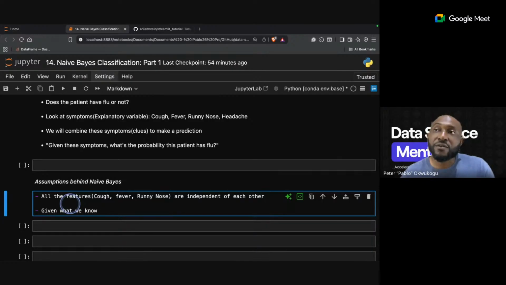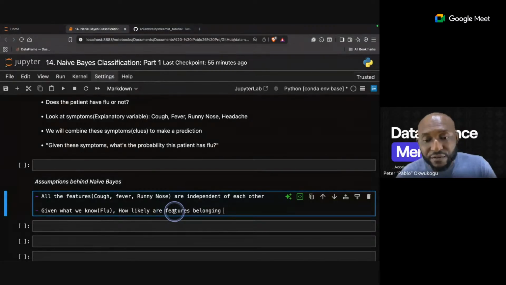So what do we know about flu? Given what we know about flu, how likely are these features belonging to the flu class?